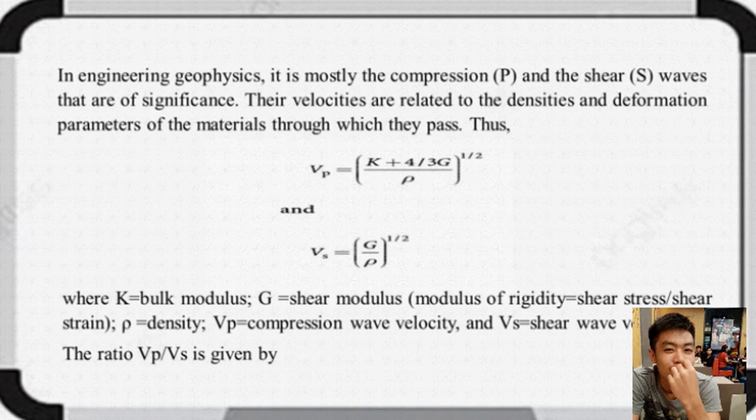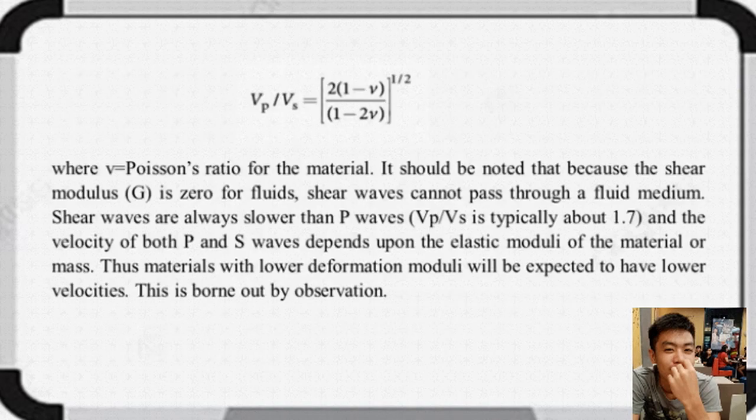Where K is bulk modulus and G is shear modulus. So, ang pagkuha sa G kay shear stress over shear strain. Ug ang ρ is density. Ang ratio sa Vp over Vs is given ani nga formula.